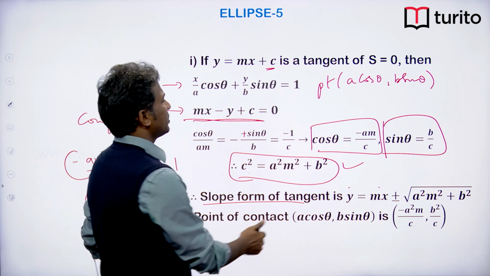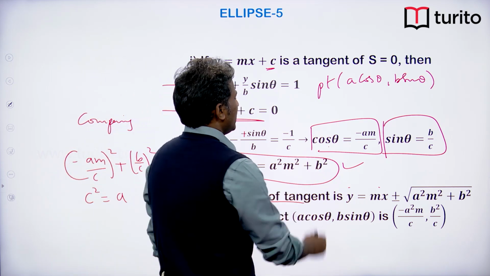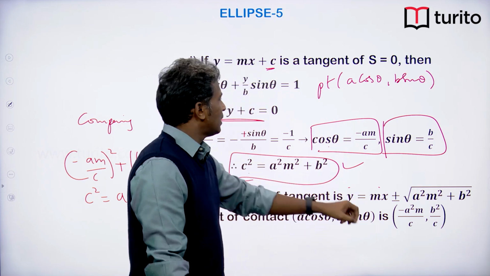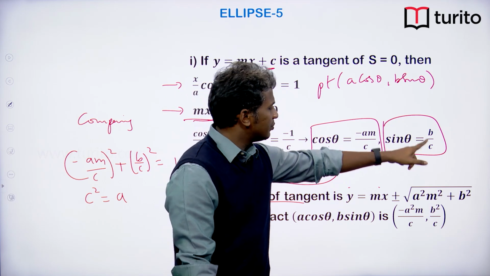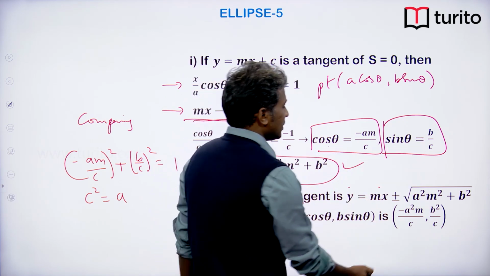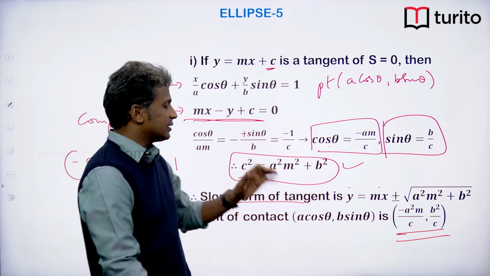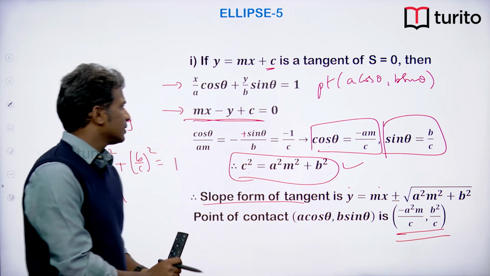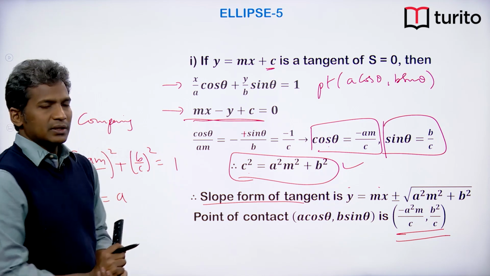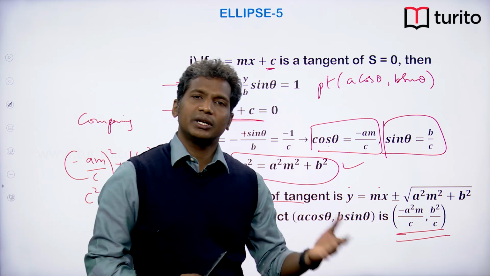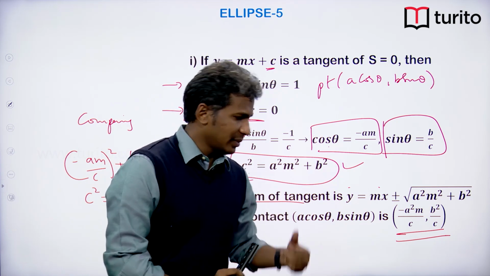For example, here a into cos theta will become minus a square m by c, and b into sin theta will become b square by c. So, this becomes our point where tangent is touching the ellipse. So, this way we can understand the condition for tangency, the slope form of tangent, and also the point at which it is tangent. Come on, make a note of this.